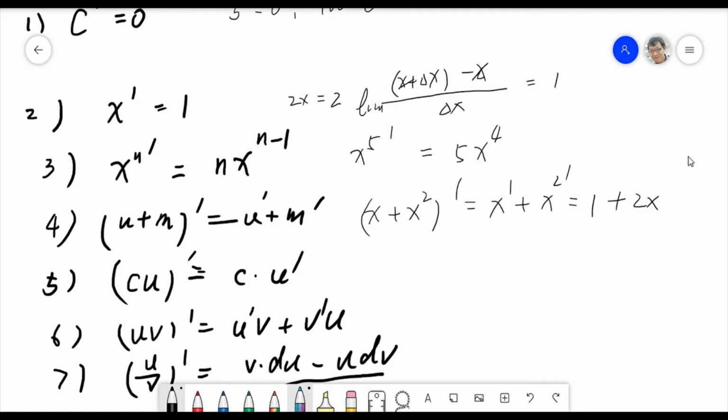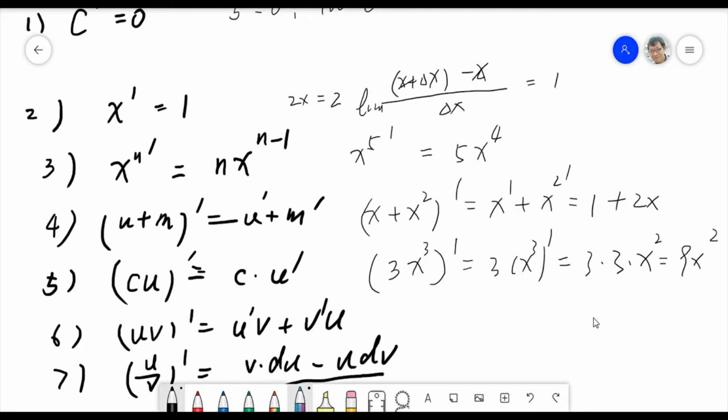Just to give an example, if the constant is 3 and the function is x to the 3rd power, then with the derivative we can make this 3 come out. We just do the derivative of x to the 3. So this is 3 times the exponent 3 coming out, and times x to the 3 minus 1, so 2. So it equals 9x squared. Easy, right?